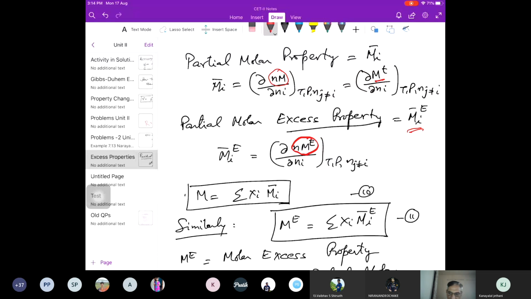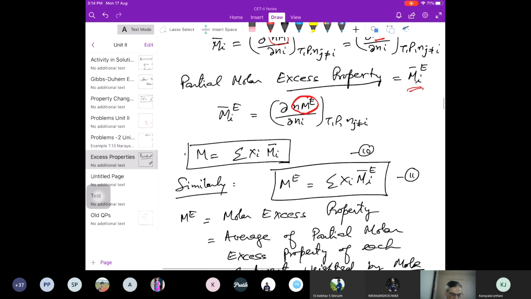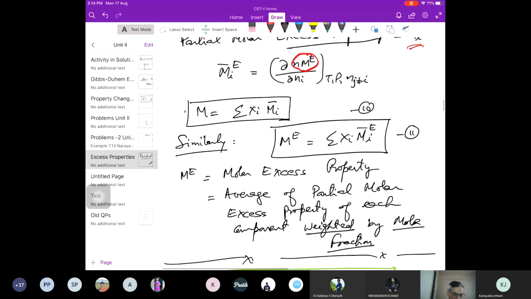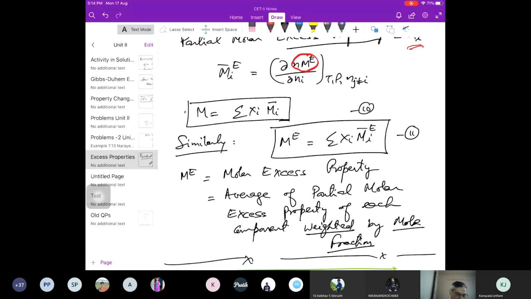Similarly, we can define ME is equal to summation of xi Mi bar E. So molar excess property is nothing but average of partial molar excess property of each component weighted by mole fraction. That is what this is, summation of xi Mi bar E. So now we can relate excess property to partial molar excess property.